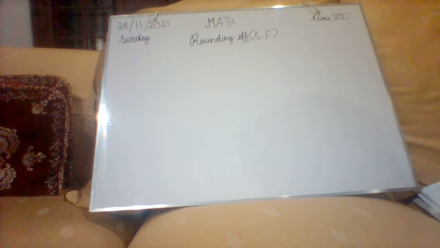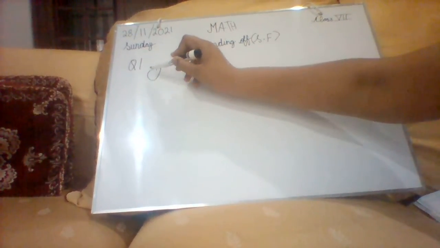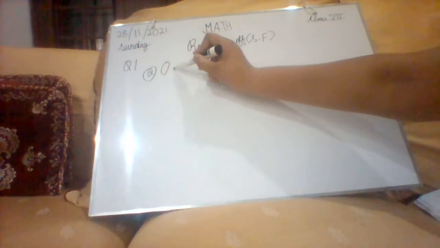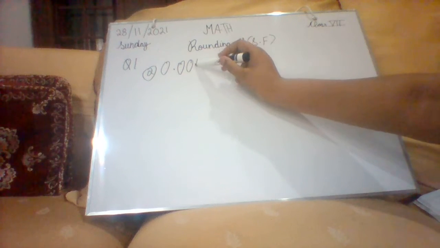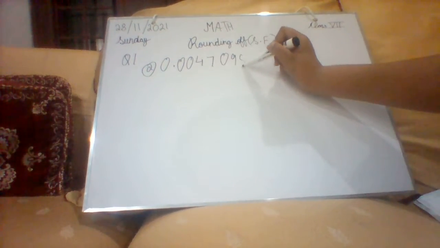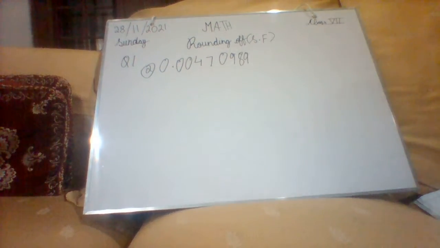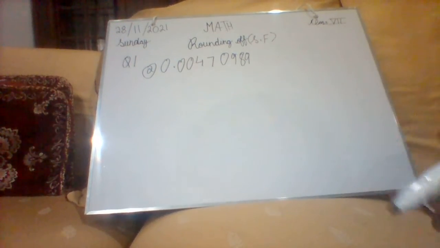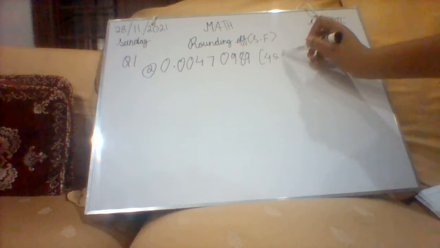Now question number 1 part A: 0.004700989. We have to round it to 4 significant figures.